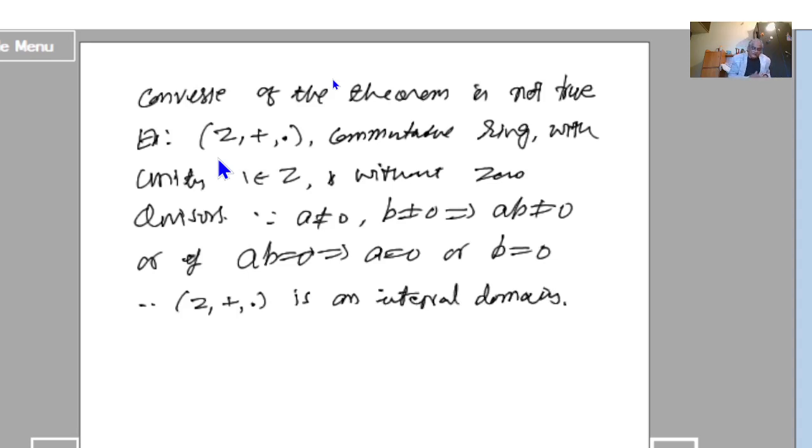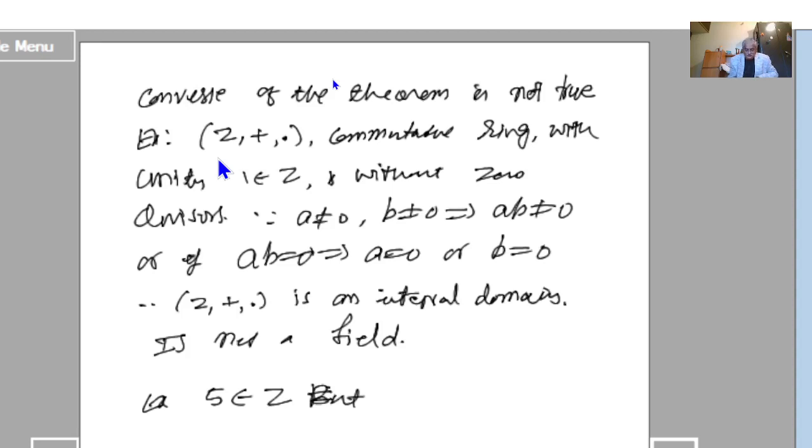But is this a field? Is not a field. Is not a field because every non-zero element is not invertible here. For example, we take 5 belongs to Z, but what is its inverse with respect to multiplication? 1 by 5 is the inverse.